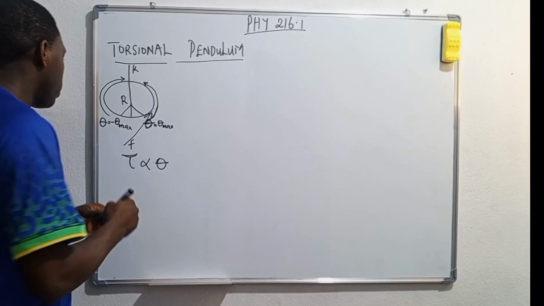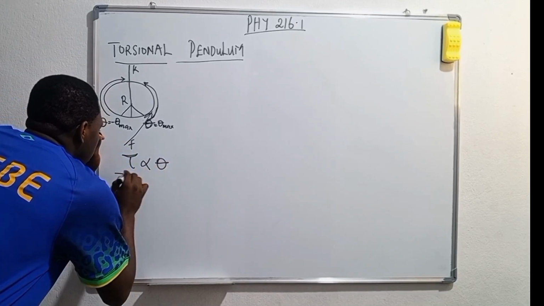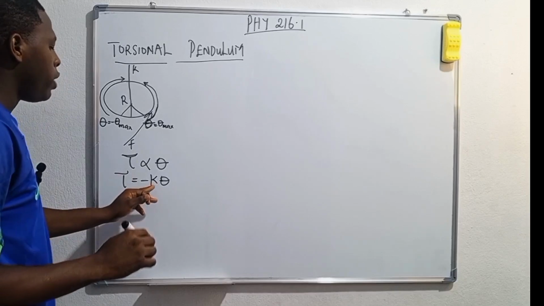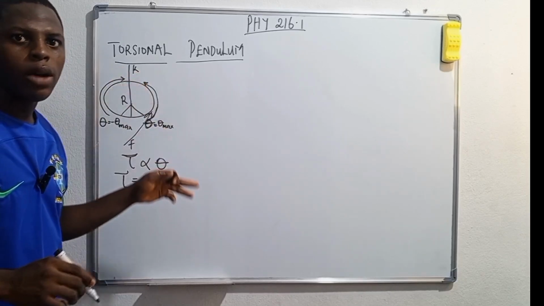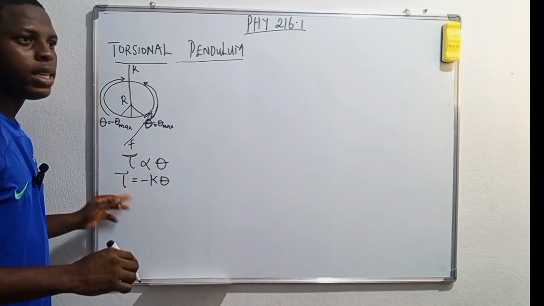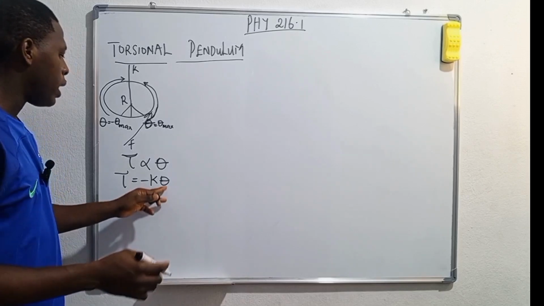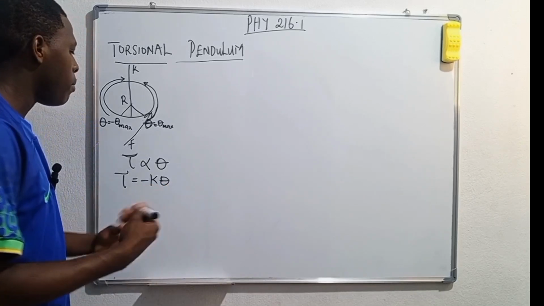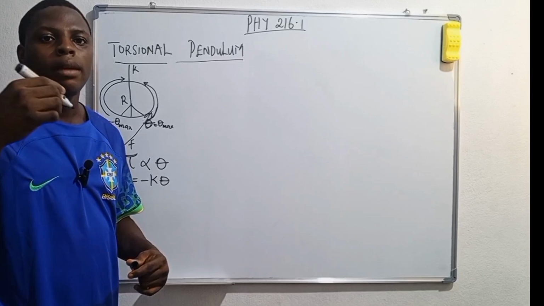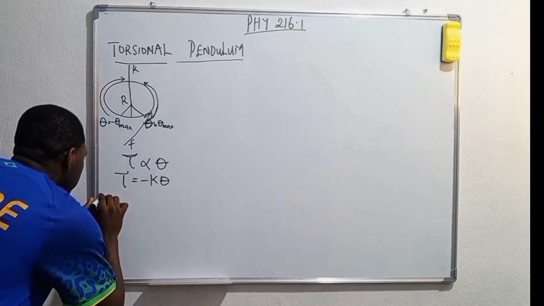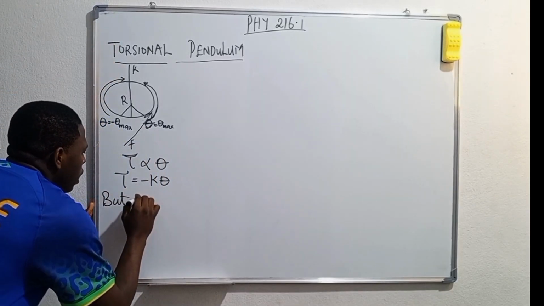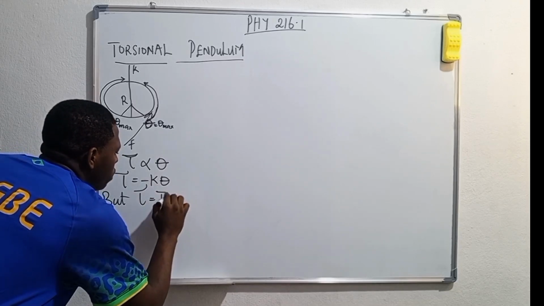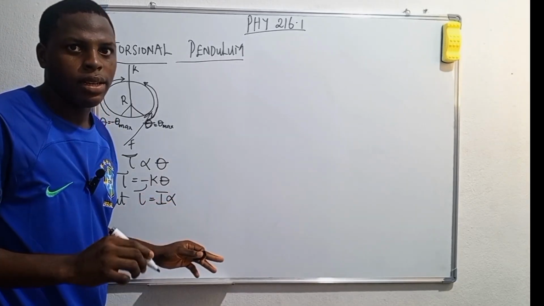So basically, we now have that our torque will be equal to minus k theta, where k stands for the torsional constant. Tau here simply stands for torque, and theta simply stands for angle of displacement. Remember, from our elementary physics, torque is the product of moment of inertia multiplied by angular acceleration.